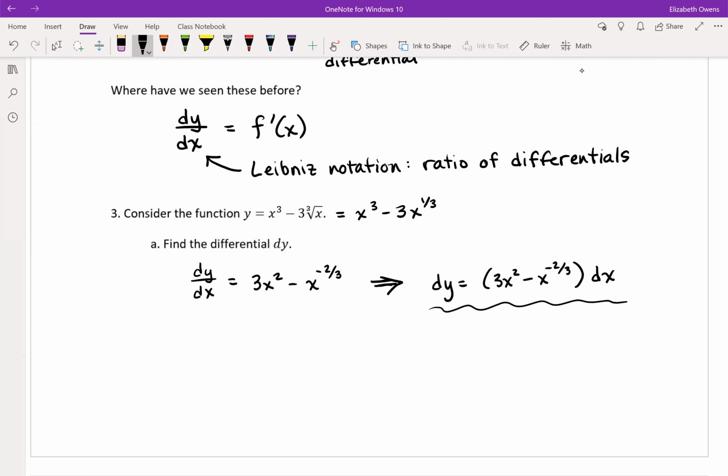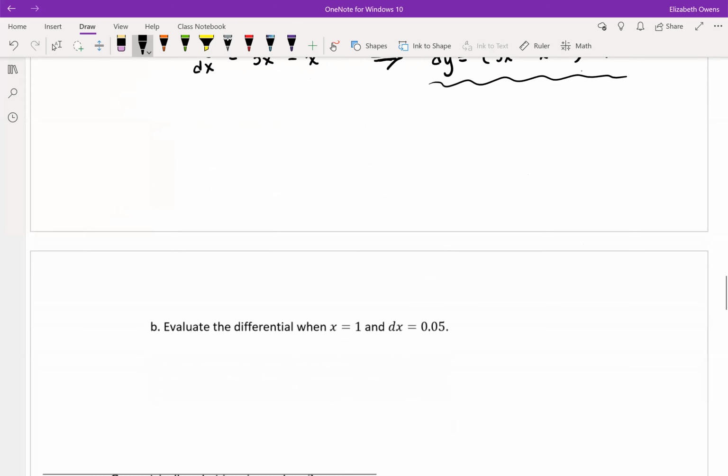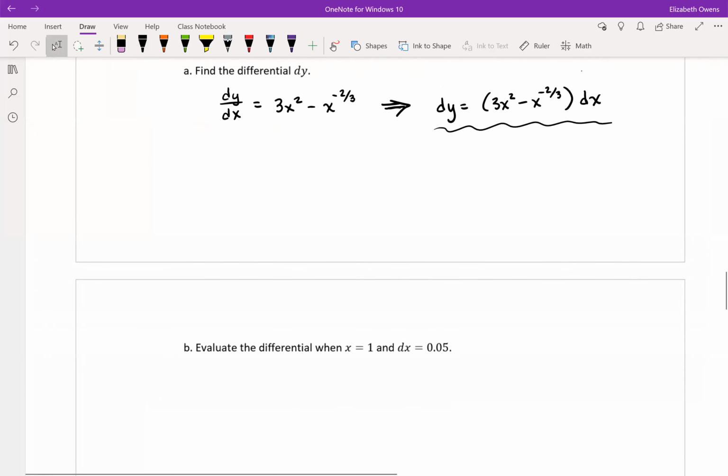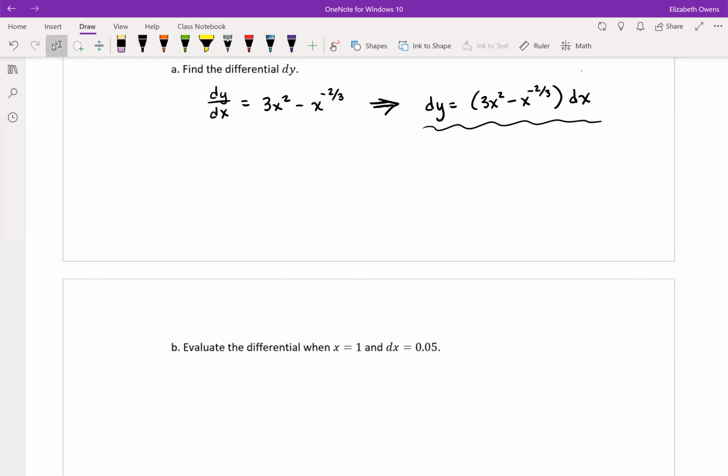But now in the next part, we can actually evaluate that differential. So we're going to evaluate the differential when x equals 1 and dx equals 0.05. Okay, so dy equals, I'm just going to rewrite our little equation that we found there, 3x squared minus x to the negative 2/3 times dx. And we have been given values for x and dx. So plug those on in.